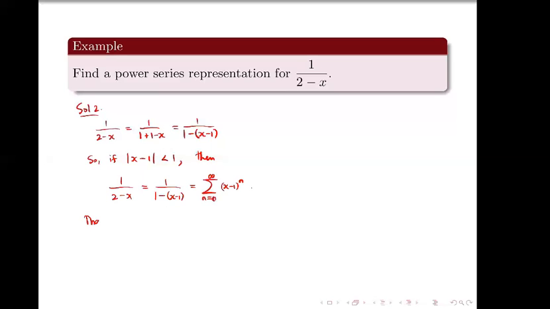That is, this time, we have the function 1 over 2 minus x represented as a power series of this form, x minus 1 to the n, from 0 up to plus infinity, provided that the absolute value of x minus 1 is less than 1.